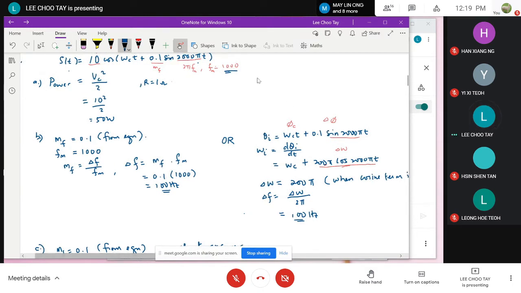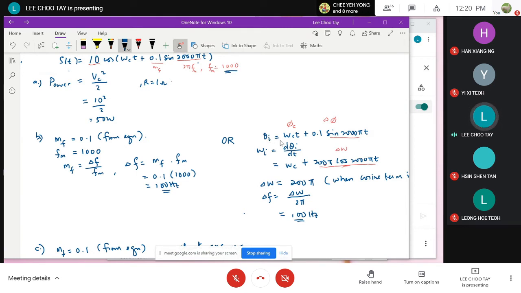If you look at this equation, cosine of something, when you look for cosine, normally the term is always an angle. Cosine of an angle. So I call this whole term an angle, theta i, being the instantaneous phase angle of the FM signal.